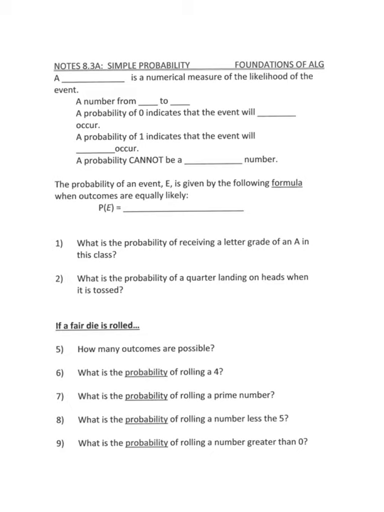In 8.3a, we are going to talk about simple probability. A probability is a numerical measure of the likelihood of an event. So how probable something is, how likely is that to occur. A number from 0 to 1.